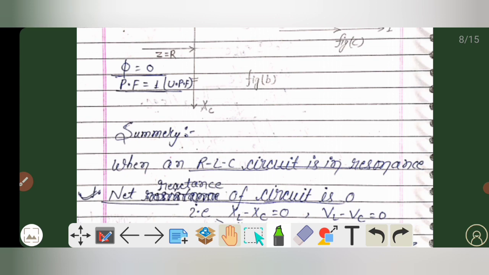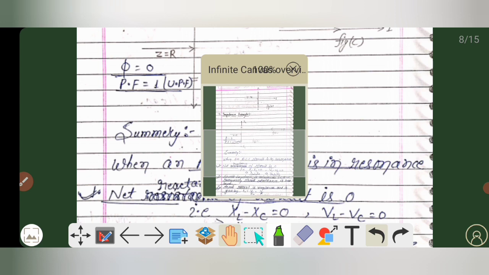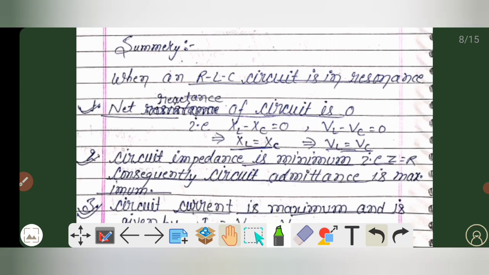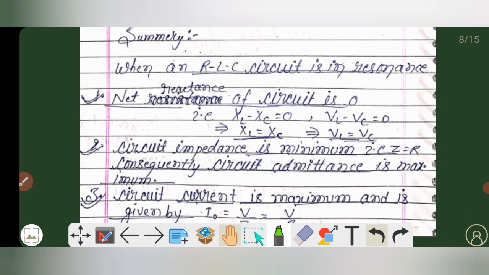Now, my dear friends, there are some most important points regarding series resonance. When an RLC circuit is in resonance, the net reactance, as we have already discussed, will be equal to 0. Circuit impedance is minimum: in case of series resonance, the circuit impedance will be minimum, and that will be equal to R. So the circuit admittance is maximum.